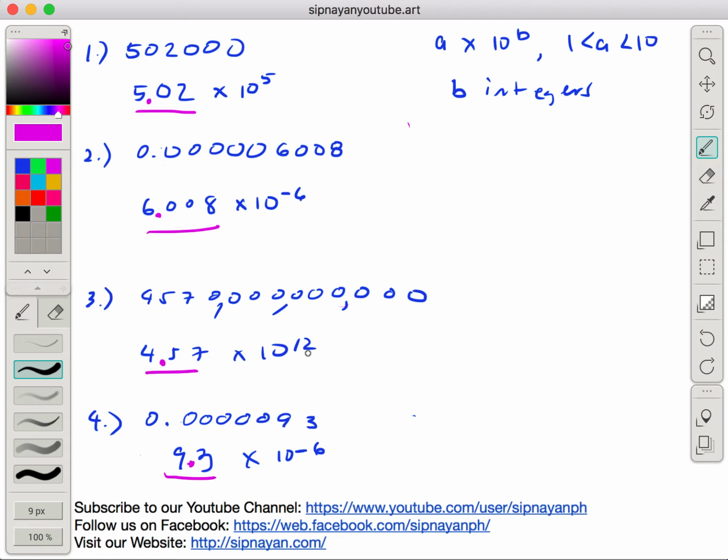So pag nag-move tayo ng decimal point from A, pag papunta sa kanan, that's a positive exponent. At pag pupunta sa kaliwa, to obtain this number, yung given, negative. Ito rin, 4.57, papunta sa kanan. This is A. Pag papunta sa kanan, we obtain this, it's a positive power. At dito, negative naman siya.